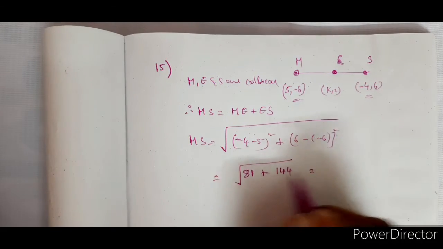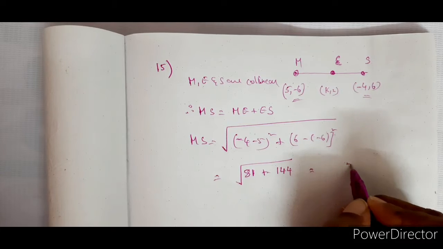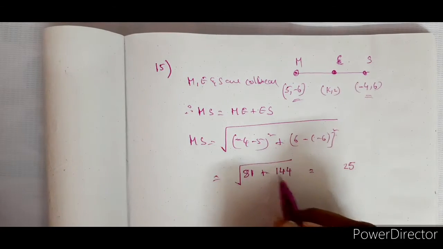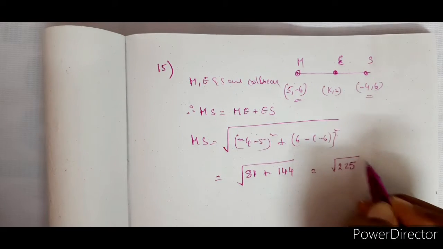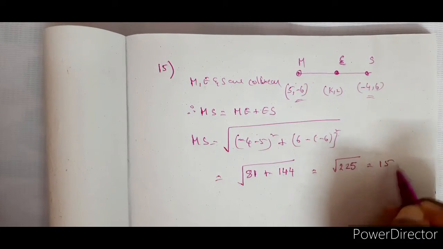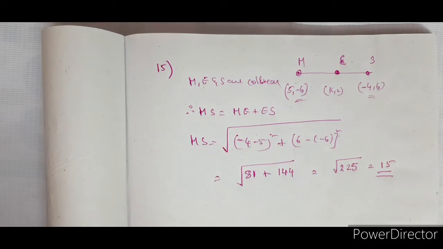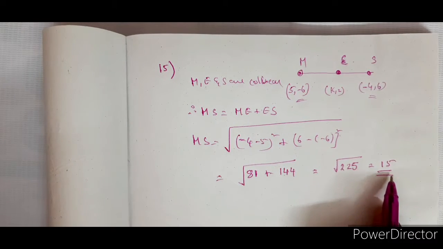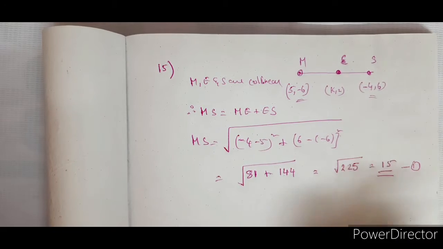Which is equal to 225, which of course gives you root of 225 is 15. So we got the value of MS to be equal to 15. Let it be equation 1.